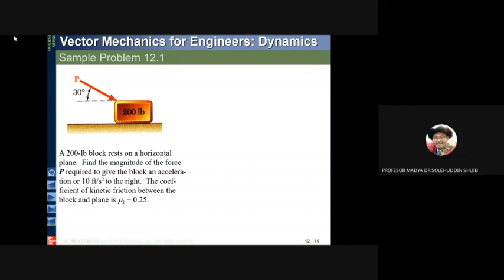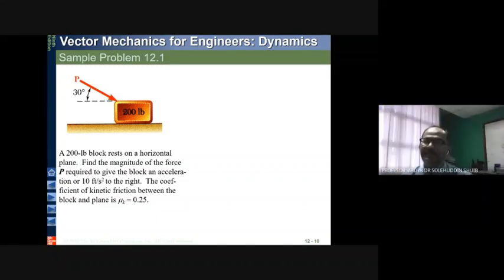Can you see this example? Please respond in our chat box. Can you see Example 12.1? I give you 1 minute. Read the problem statement carefully.